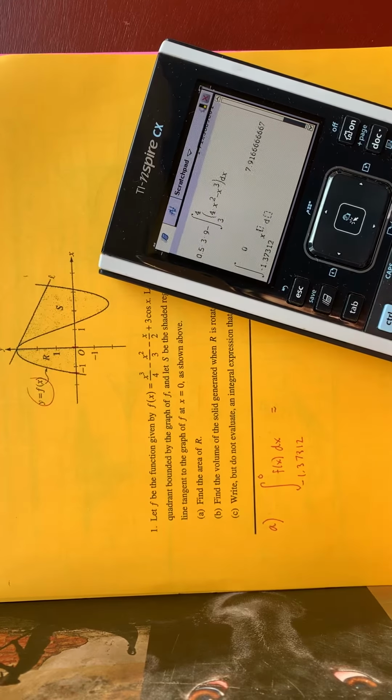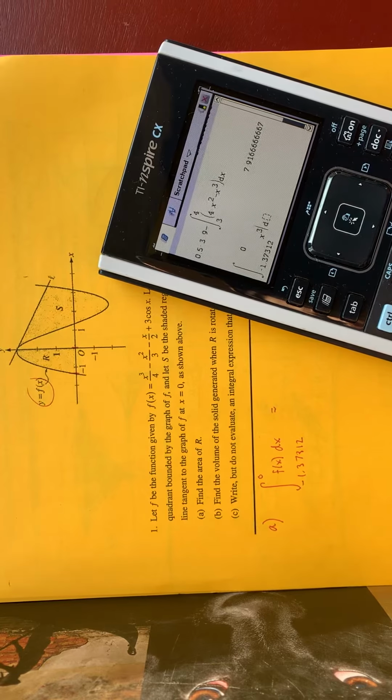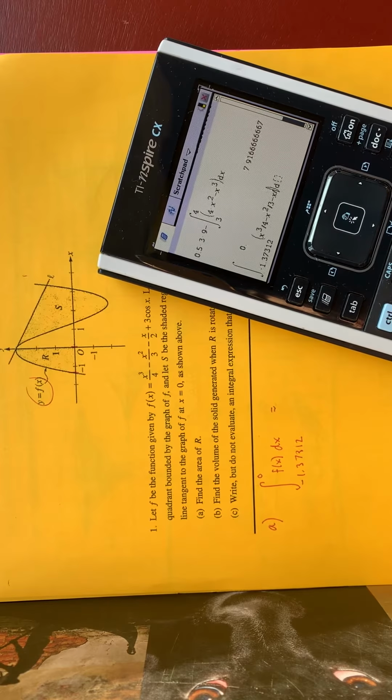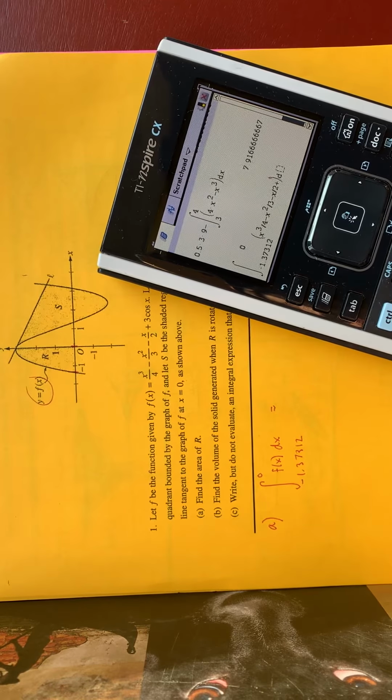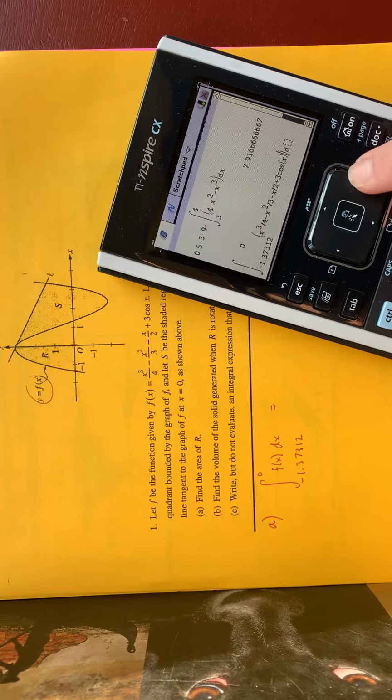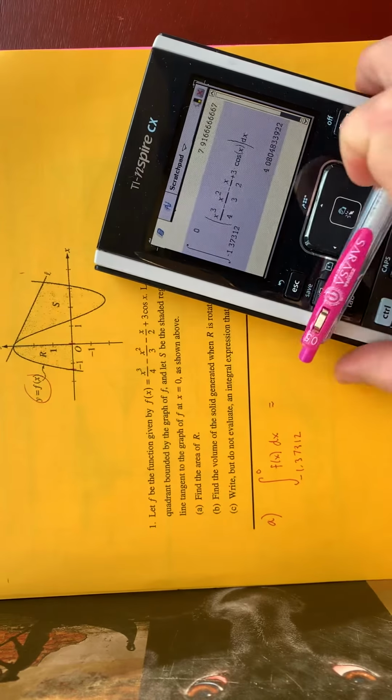There's probably a fancy way to save in the calculator what the function is so that I can put in a variable to represent it and only have to type it once. But I don't know how to do that. Okay, there we go. And 4.080.